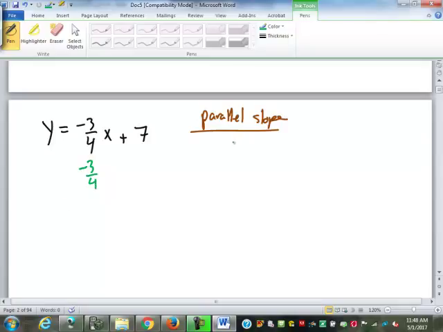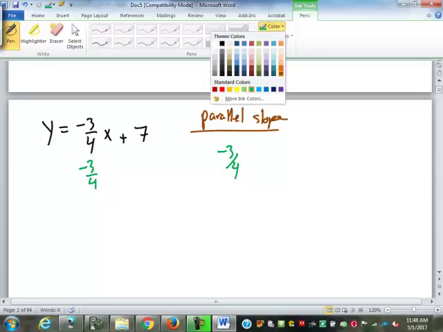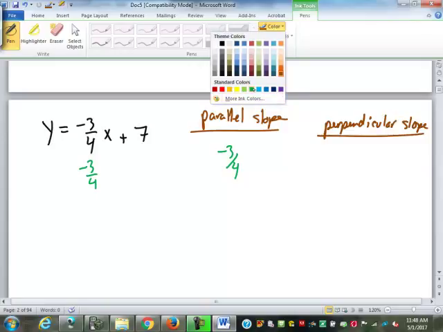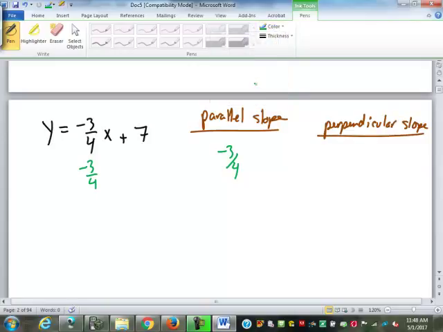The slope of a line parallel to that is the same, negative 3/4. The slope of a line perpendicular to that is going to be the opposite reciprocal. Since this one's negative, this will be positive. 3/4 becomes 4/3.